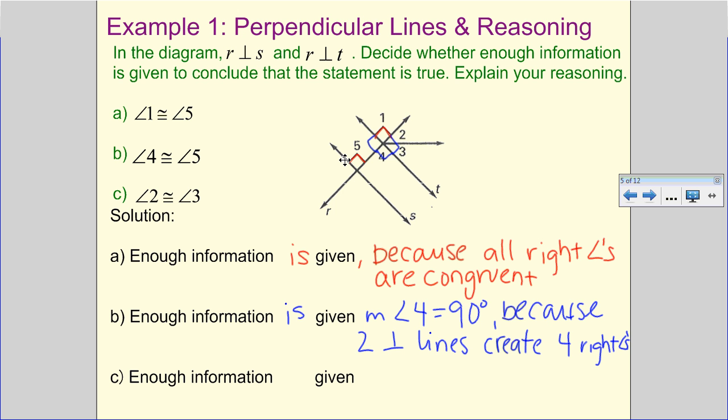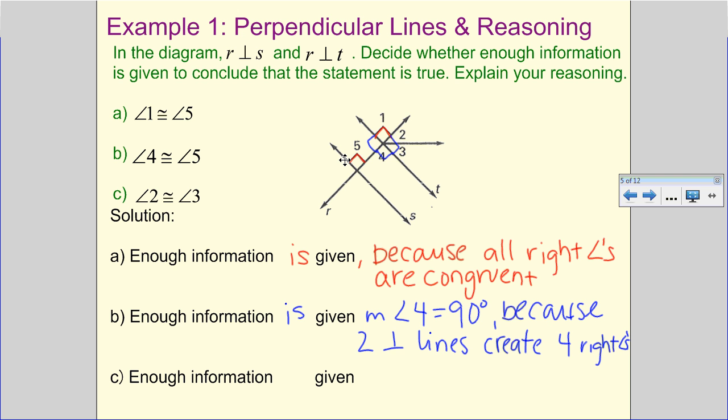Now, I should have said this at the beginning of the problem, guys. This isn't filling in the blanks of what you have, so you're probably going to need to put it over there in the margins. They want you to fill in theorem 3.1, theorem 3.2, theorem 3.3. I don't want you to memorize numbers. I want you to understand the logic. Because all right angles are congruent. Because we created 4 90-degree angles.